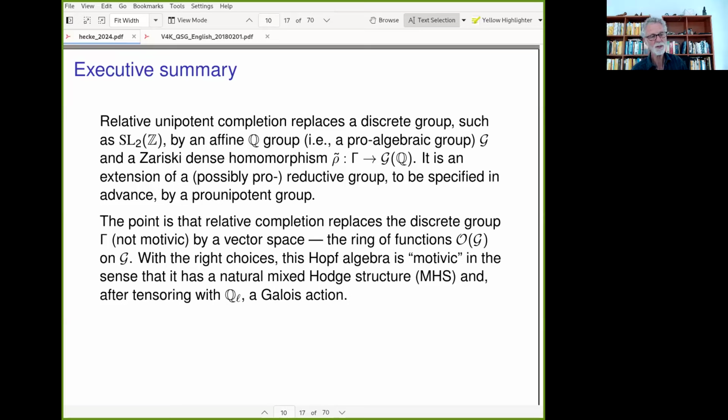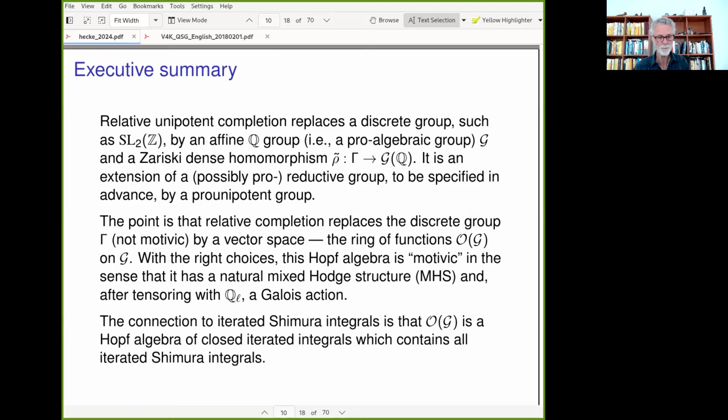This group should be some sort of completion of our discrete group gamma. If we make the right choices, this Hopf algebra is motivic in the sense that it has a natural mixed Hodge structure, and after tensoring with the l-adic numbers, it will have an action by a Galois group, in our case, the absolute Galois group.